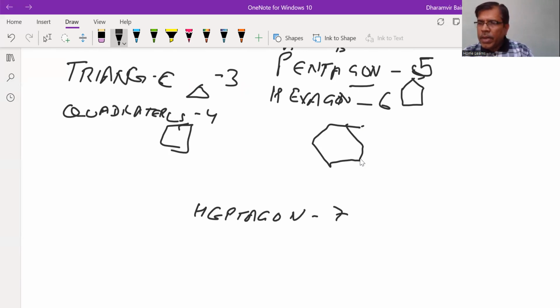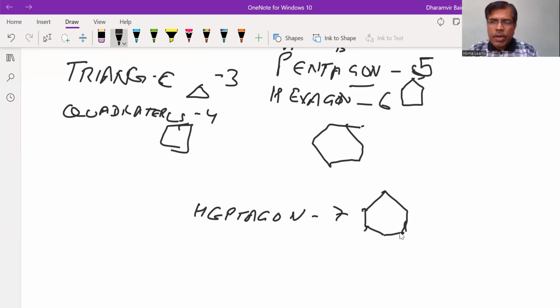Then the heptagon. Heptagon has 7 sides. This is the heptagon. One, two, three, four, 5, 6, and 7.